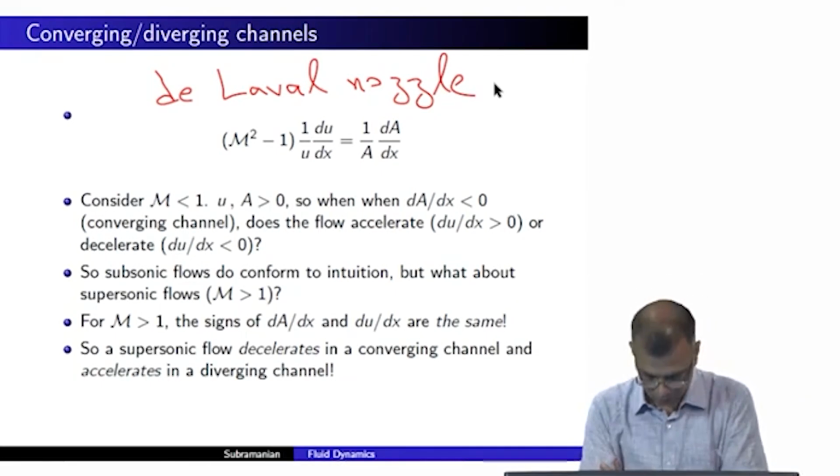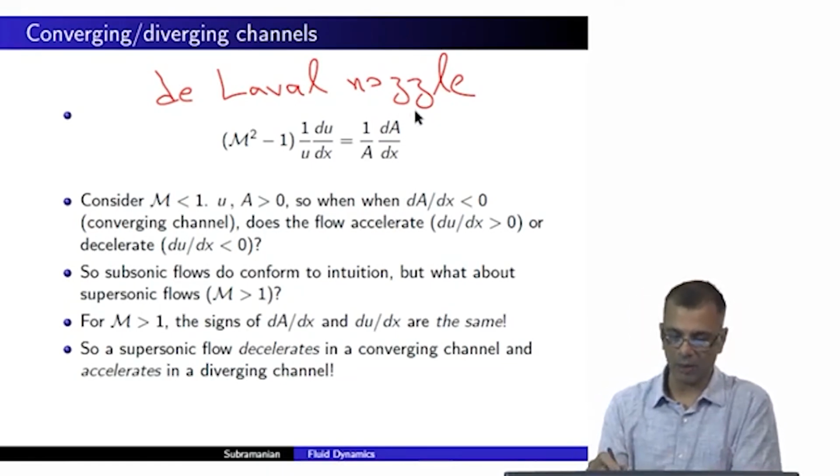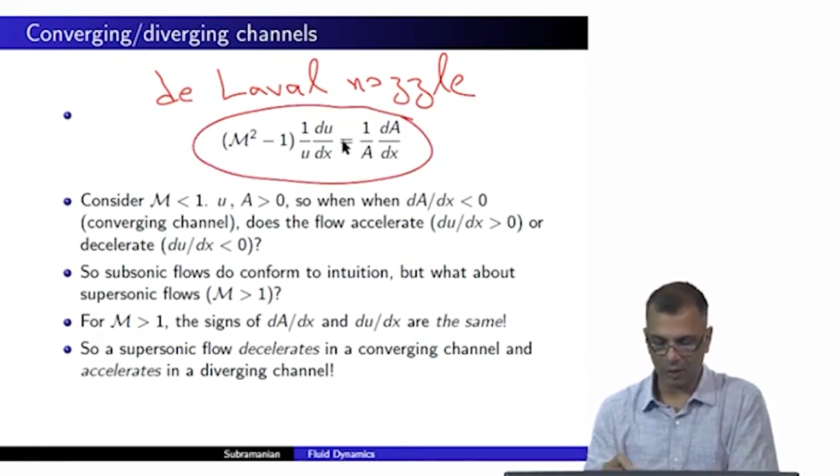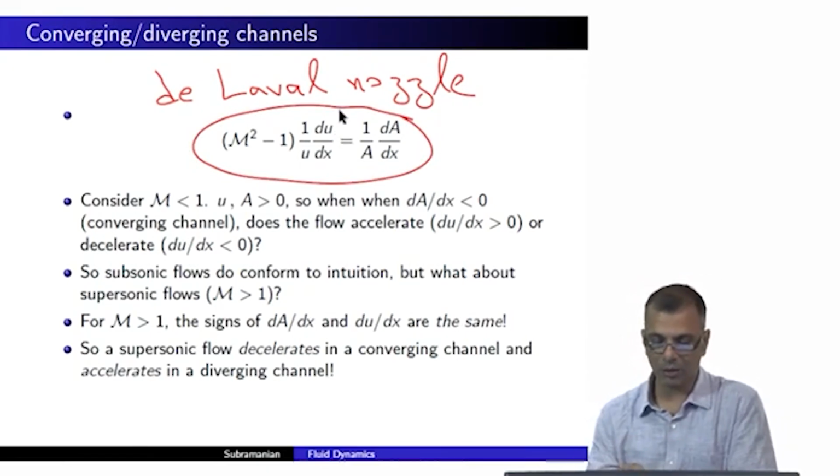In doing so, we essentially came up with this equation, which relates, for a purely one-dimensional flow, the velocity and the derivative of the velocity with the area and the derivative of the area.